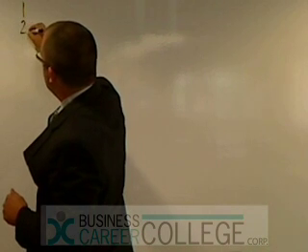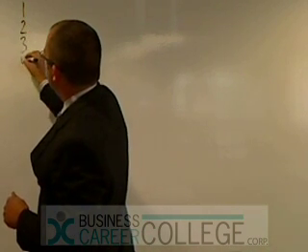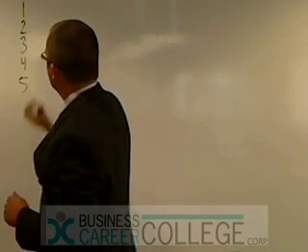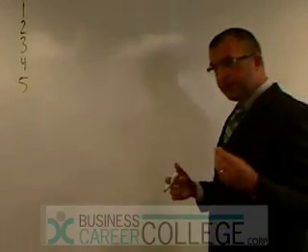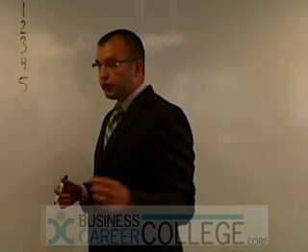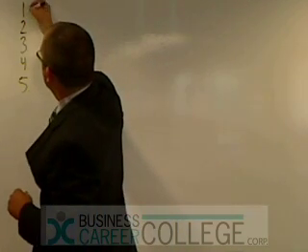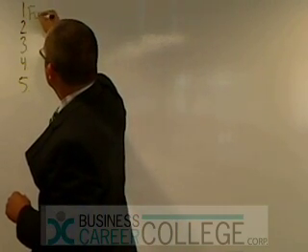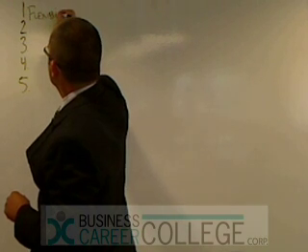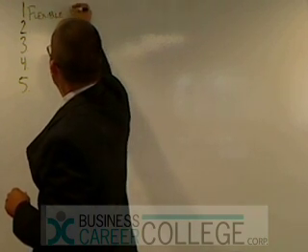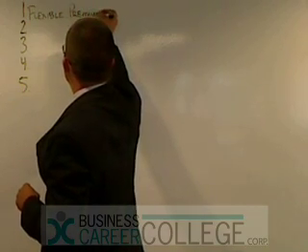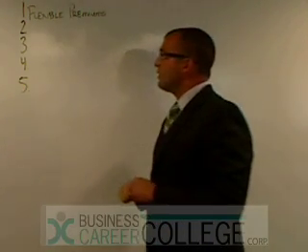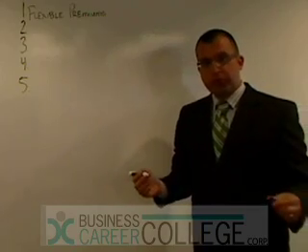So, universal life insurance is best understood by looking at its 5 characteristics. And the 5 characteristics of universal life insurance are, first off, this policy type features flexible premiums.